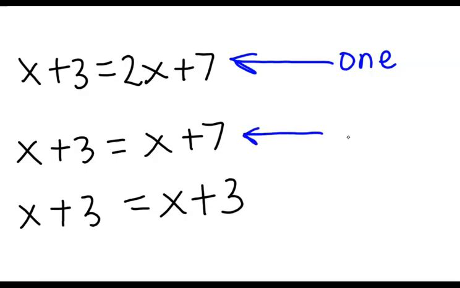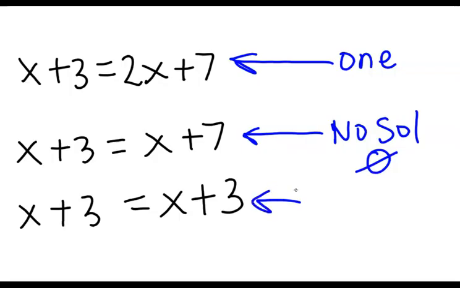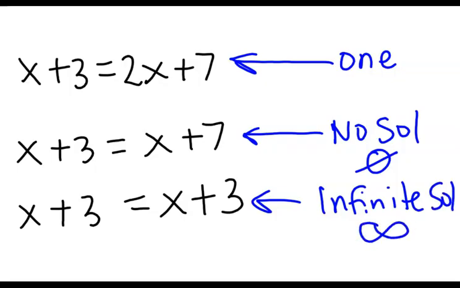I know that this equation has no possible numbers that will work for the letter x, and I know that this equation has an infinite amount of numbers that would also work for x. And those are the only three outcomes possible when solving an equation.